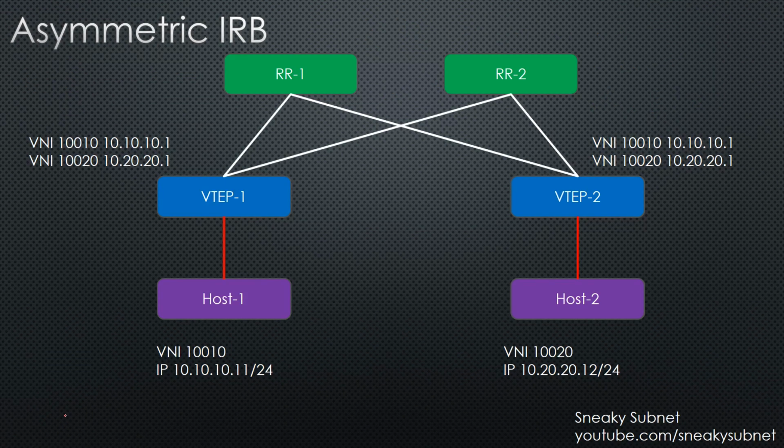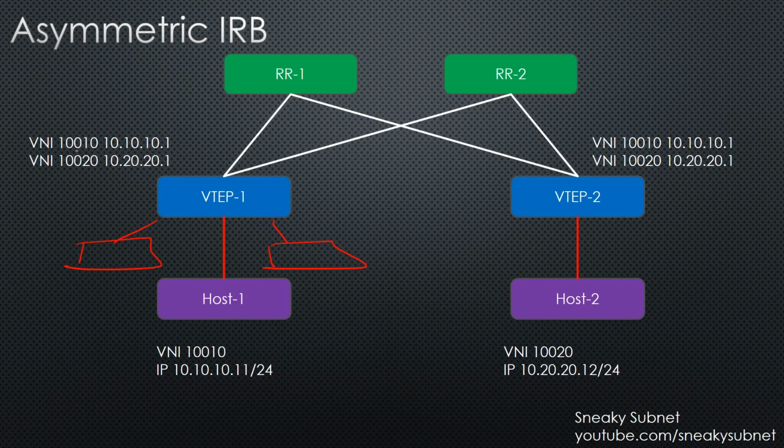But it's significantly different with VxLAN. With VxLAN, each VTEP is the default gateway for hosts below it. So, for example, if VTEP number 1 has 100 different hosts, it will be serving as default gateway for all of them.